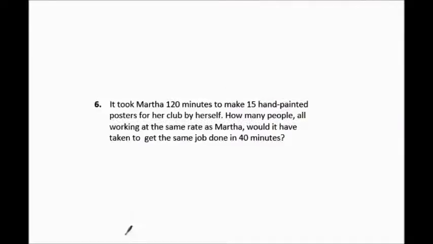Next, we have another problem here. It took Martha 120 minutes to make 15 hand-painted posters for her club by herself. So only one person did this. So the word by herself here represents the number 1. How many people, I don't know, so I'm going to call that X, all working at the same rate as Martha would it have taken to get the same job done? Here's a keyword, same job done.